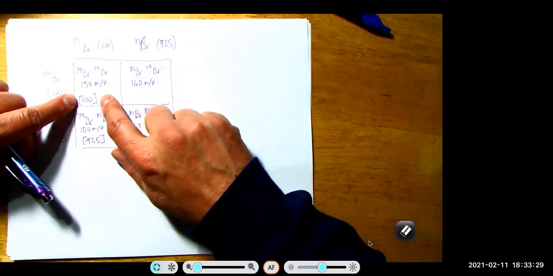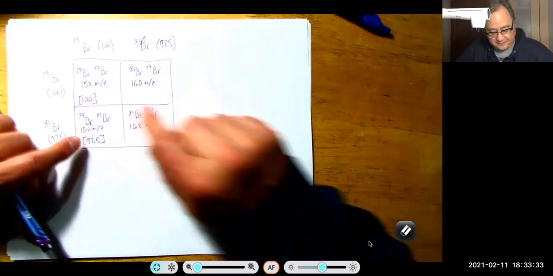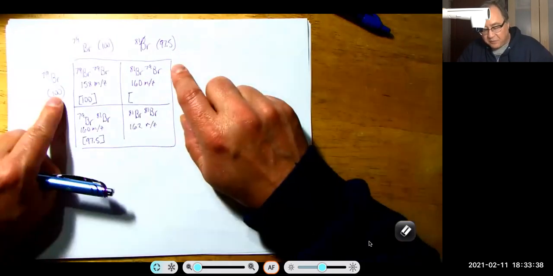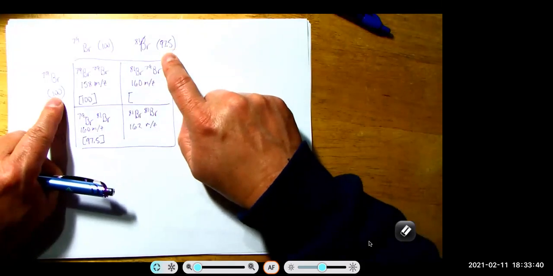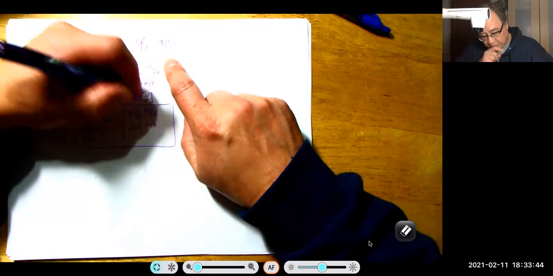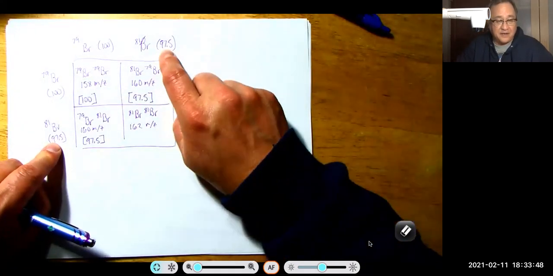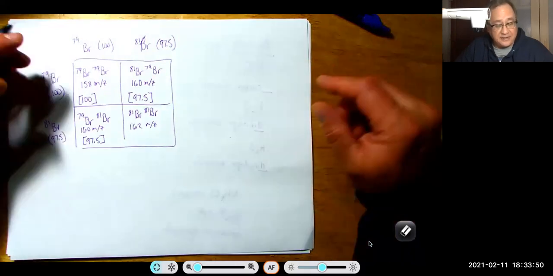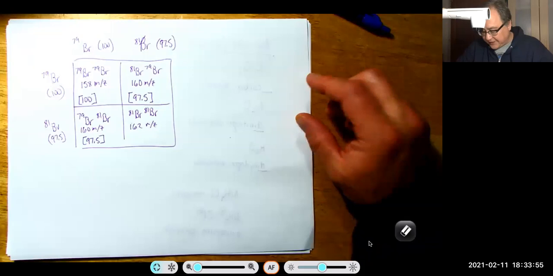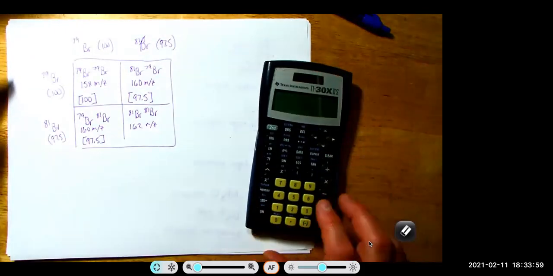If you had these two combined, it'd be a peak of 97.5, almost as tall as that one. What's 100 times 97.5 divided by 100? 97.5. See, we can do most of this without a calculator. Now, this one is tough. What's 97.5 times 97.5 divided by 100? It's calculator time. I want to say it's like 95.1. Yeah, it was 95.1.